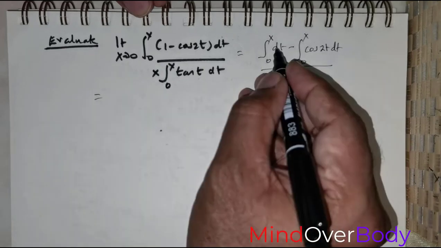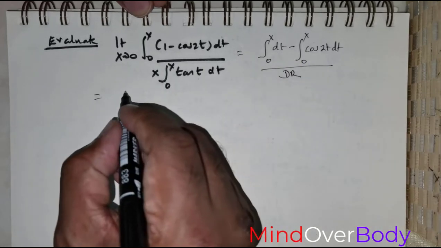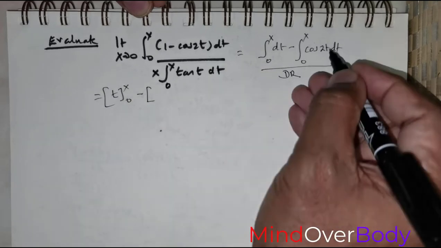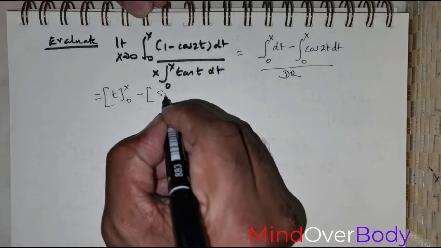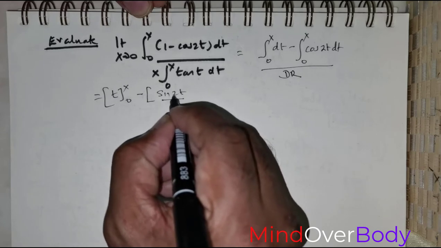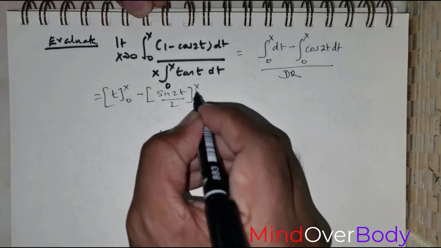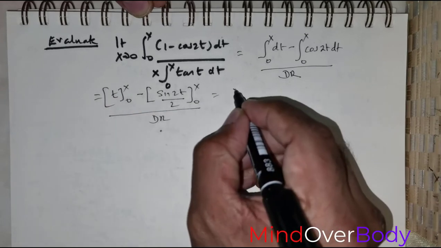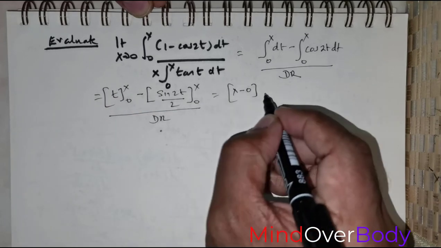So this is equal to integral of dt is going to be t, limits are 0 to x, negative integral of cos 2t is going to be sin 2t, coefficient of t is 2, the limits are 0 to x, divided by the denominator. I substitute the upper limit minus the lower limit.